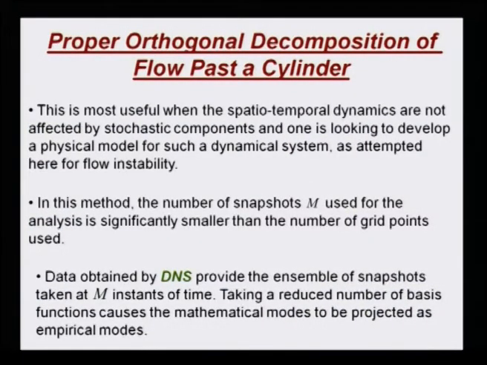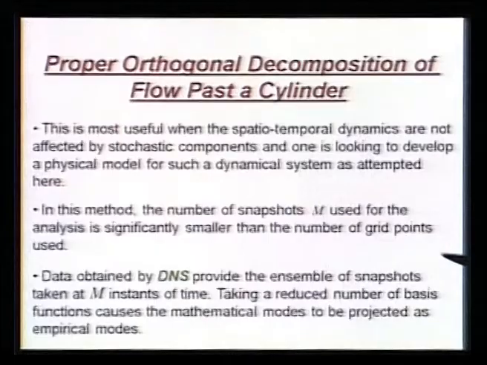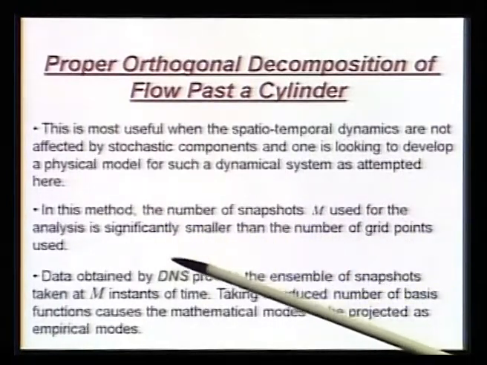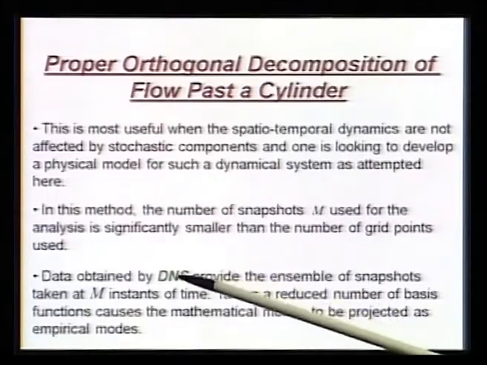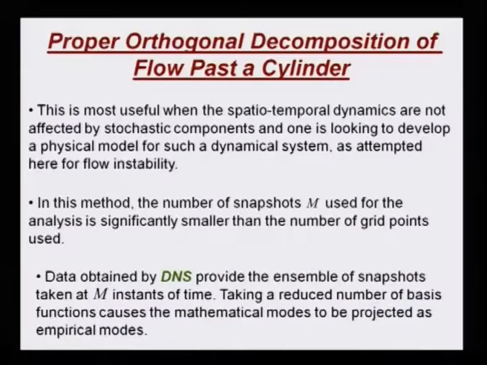That is what we have been attempting, and in this method we are taking a number of snapshots, let us say m of them, and we use them for the analysis, and this really is very easily done. First and foremost, of course, you will have to get results which are meaningful.